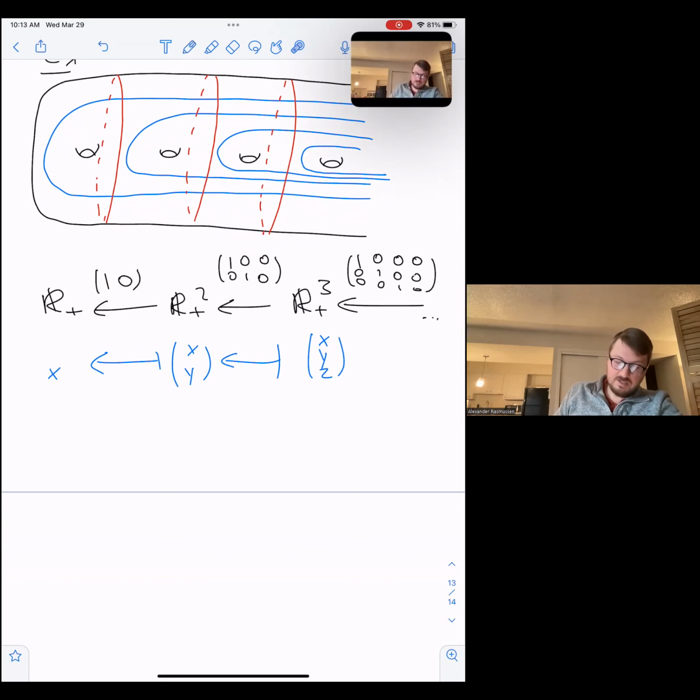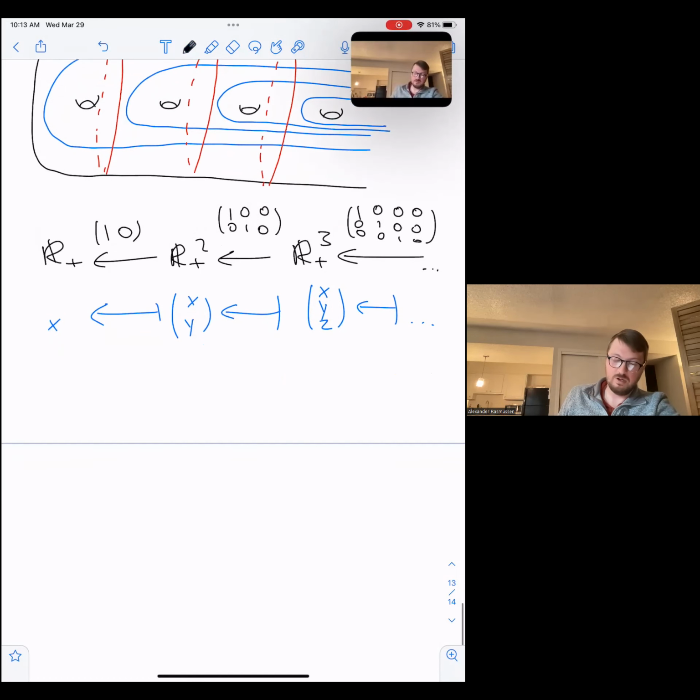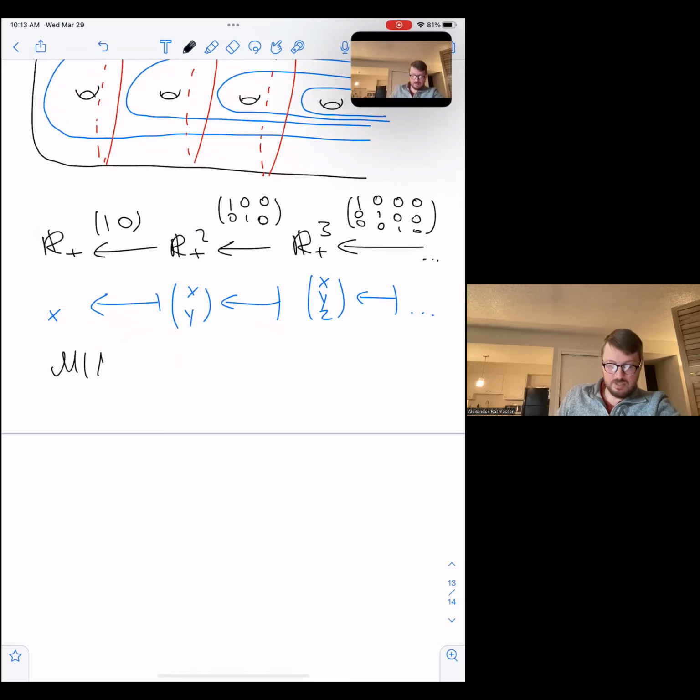So that means these x's need to match up, these y's need to match up, etc. So what happens is that at each stage, you just get a new coordinate, and there are no relationships between the coordinates at all. So we can describe the cone of transverse measures in this case as just being an infinite product cone, like so.